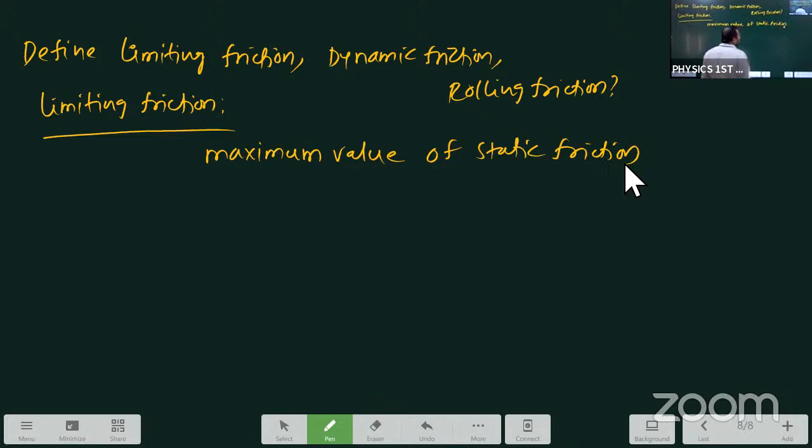Static friction means friction acting in between body and surface in ready to move situation. So in static friction, a peak value is there. That one, the maximum value of static friction, we are calling limiting friction. Limiting friction is a special case from static friction. Next, dynamic friction.